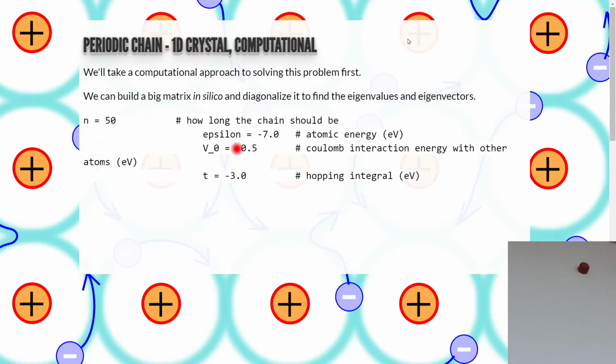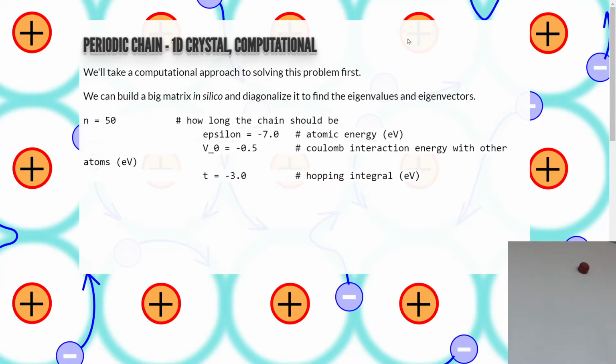I'm going to say my interaction V0 with all the other nuclei, so if the atom sat on one of the nuclei, but it sees the cores of all the others, gives it -0.5. It's a stabilisation from the attractive interaction with all the other cores.